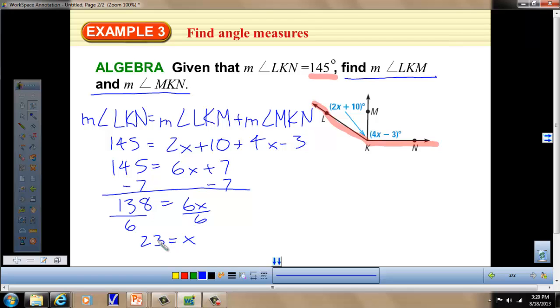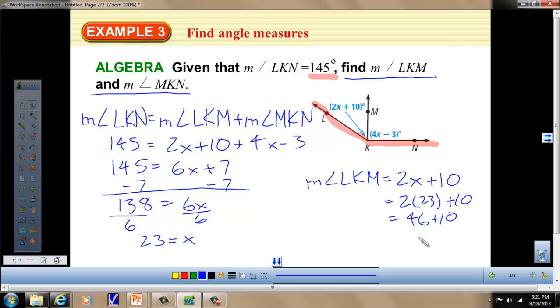So that is not our answer. We still need to figure out what LKM is and MKN. So we start off with angle LKM. And the expression for that is 2x plus 10. Since x equals 23, we're going to do 2 times 23 plus 10. This is the same as 46 plus 10, or 56.